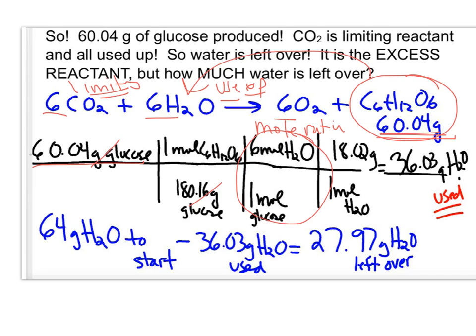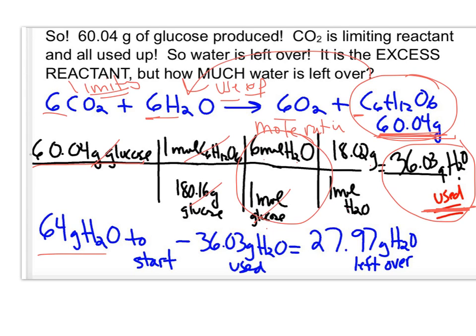And notice that it is a 1 to 6 ratio, and I put 1 mole of glucose on the bottom so my moles of glucose cancel. My 6 moles of water on the top, and then I'm converting to grams, and I get 36.03 grams of water used. In order to make this 60 grams of glucose, I'm using up this much water.